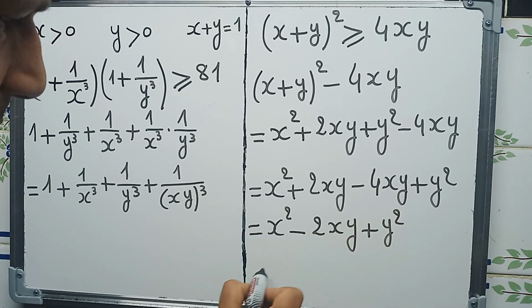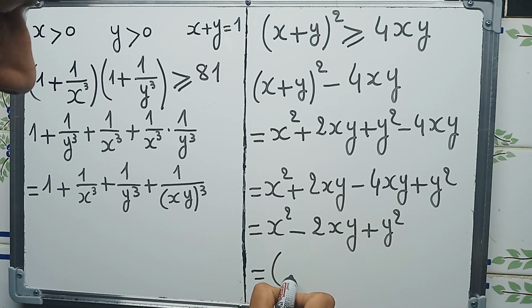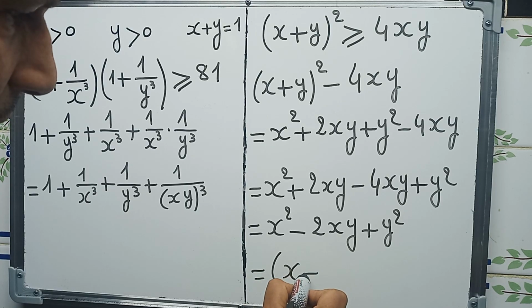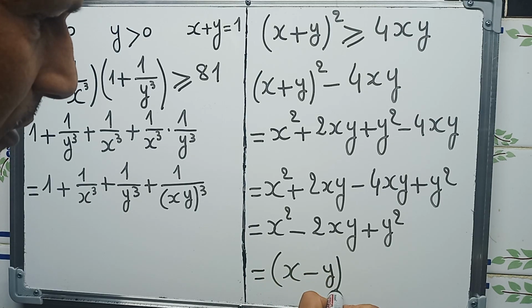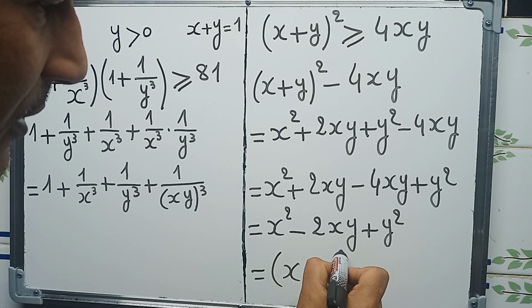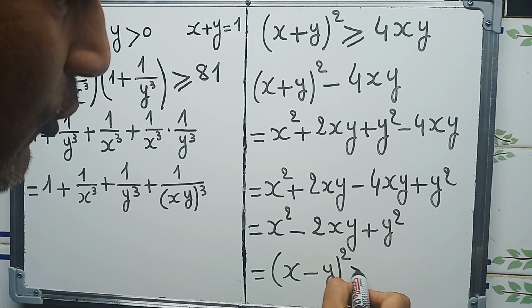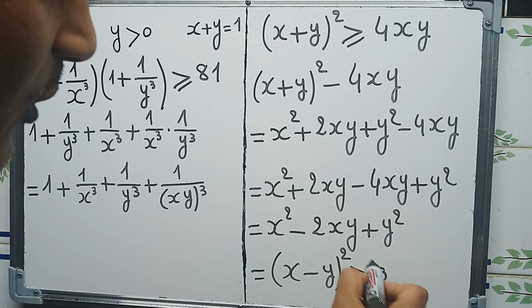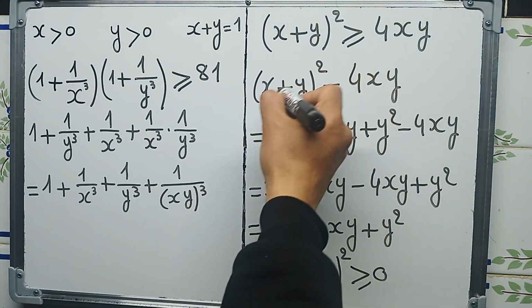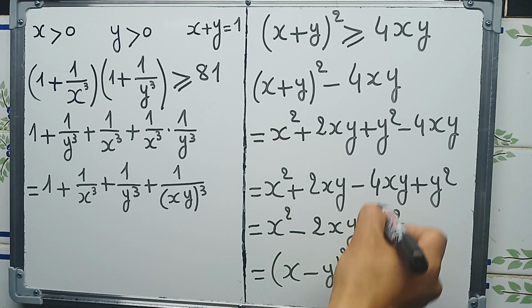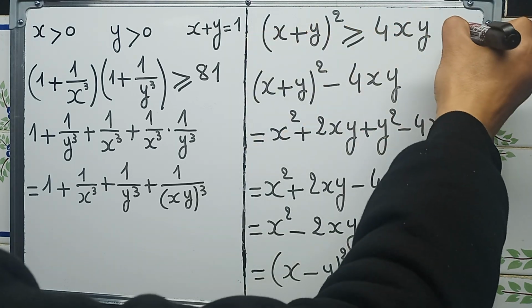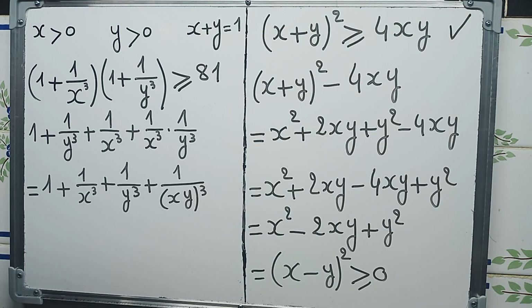And here we see we have our special product (x minus y) squared. And since it is a square, it's surely non-negative. So the difference is non-negative. That means that our inequality holds.